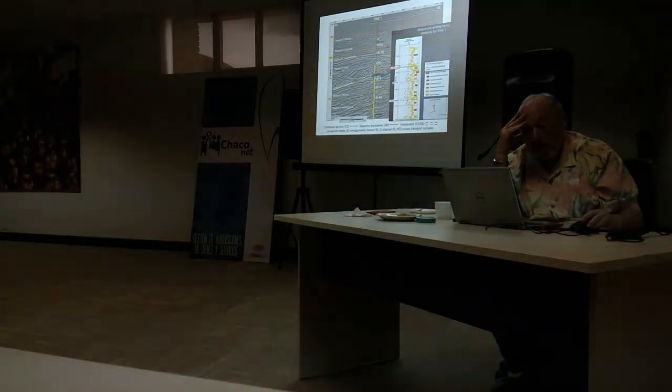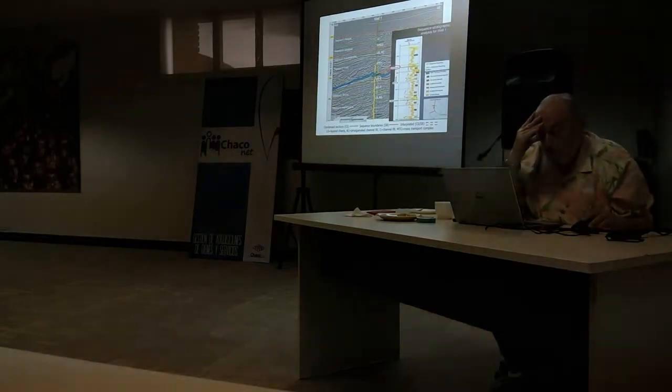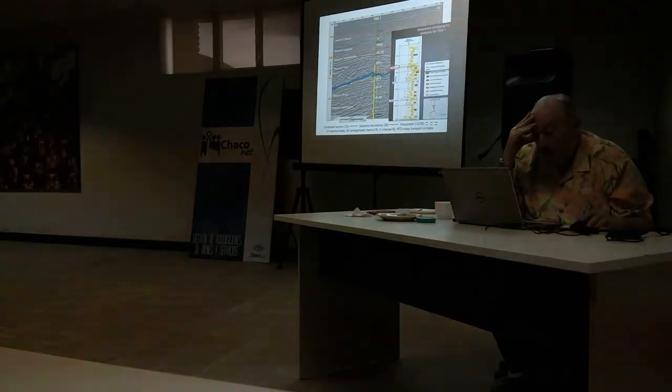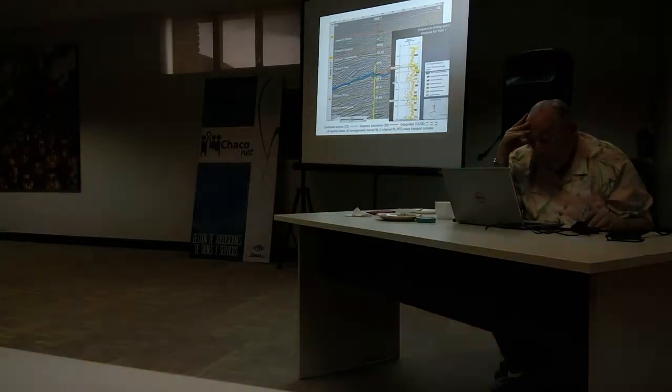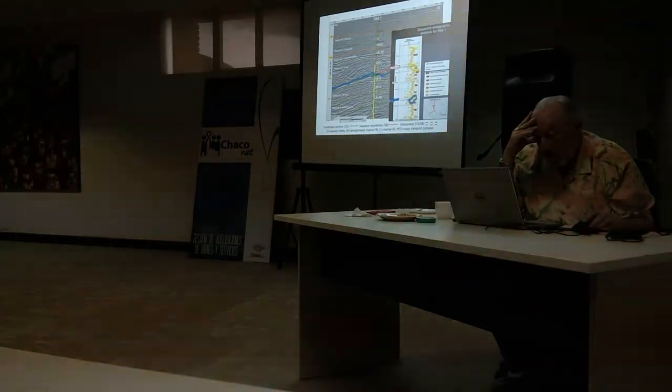And so we can start mapping that around, like that. And we look for another one, and I'll just show one more down here. You see that nice high gamma ray peak there.